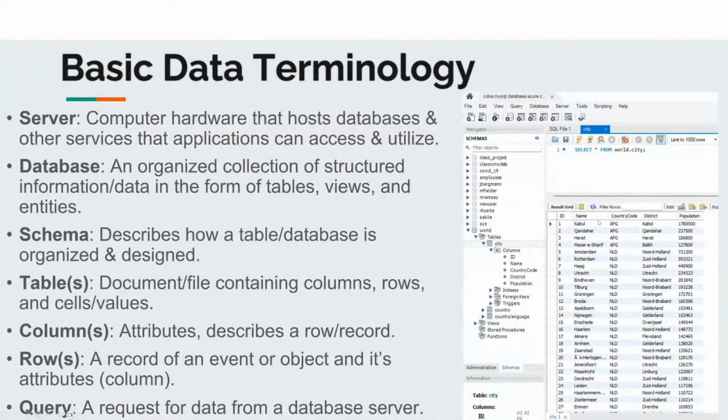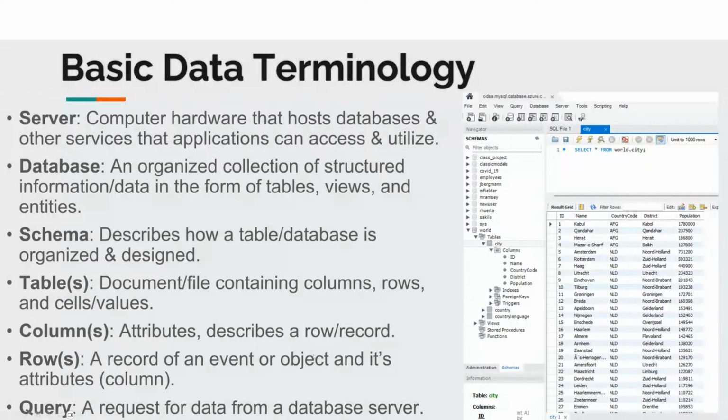This is how you'd refer to all of these values. Your rows are a record of an event. So for the first country, you'd have Kabul, Afghanistan, in the Kabul district with a population of 1.78 million, 1,780,000. And that's one record. And then you just keep entering these countries in. And then you get your rows by columns.